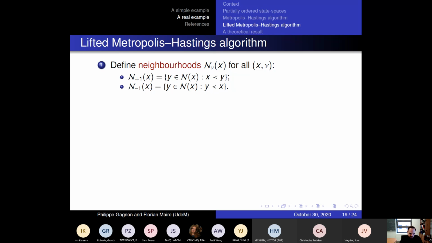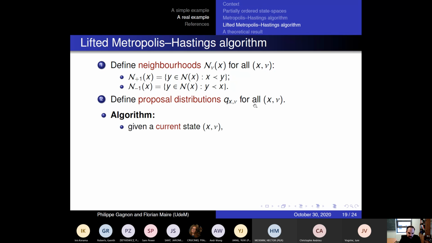Okay, so you split it like this, and you define proposal distributions, now Q_{X,nu}, that are restricted to this neighborhood N_nu(x). Okay, so you know exactly which neighborhood you will look at, and you will follow a direction in this sense.